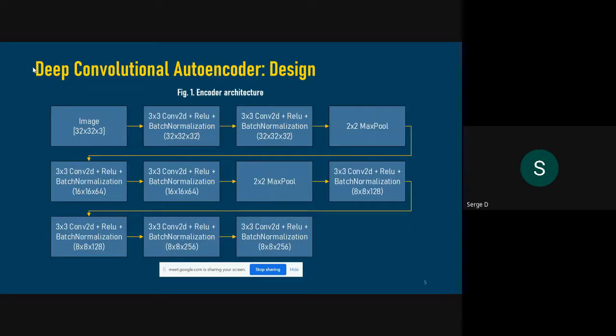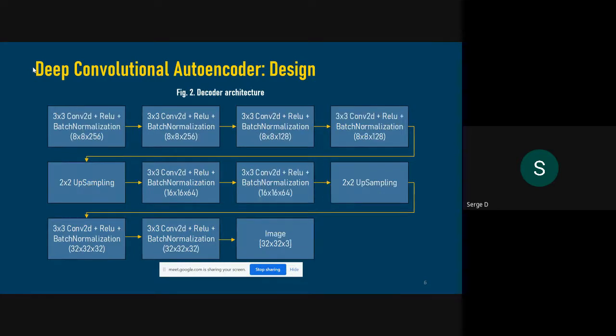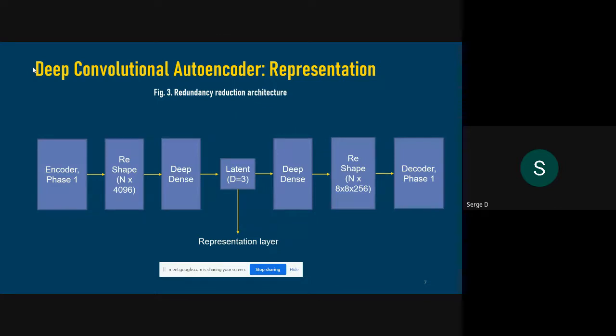So the model we have is a deep convolutional autoencoder neural network. I'll just skip forward to show a high-level diagram for those who are not familiar with that type of architecture. On the input, on the left-hand side, we have input data.